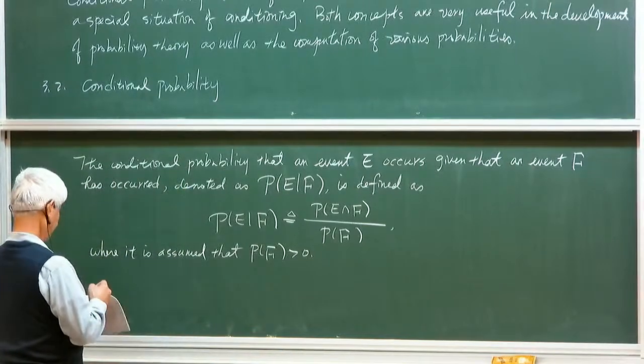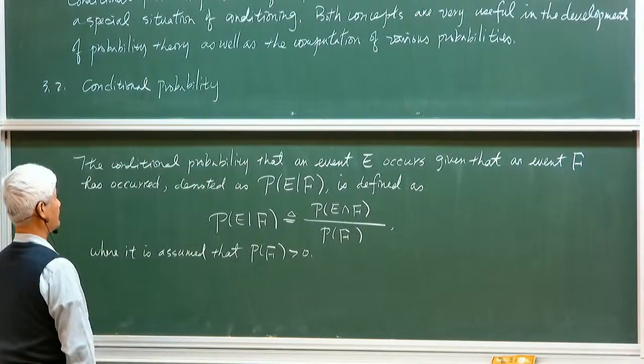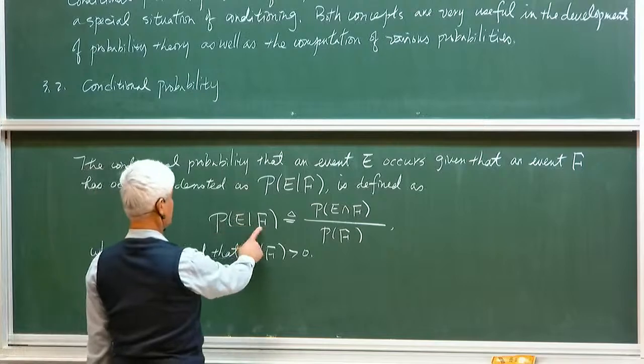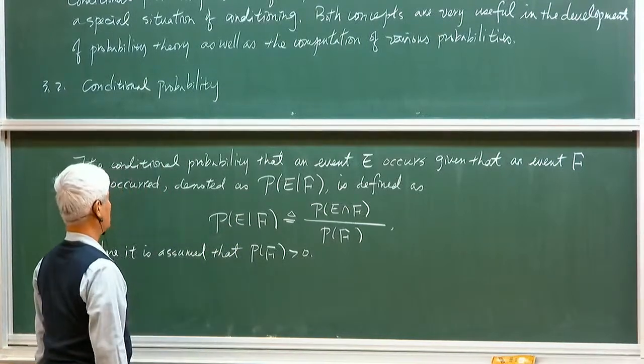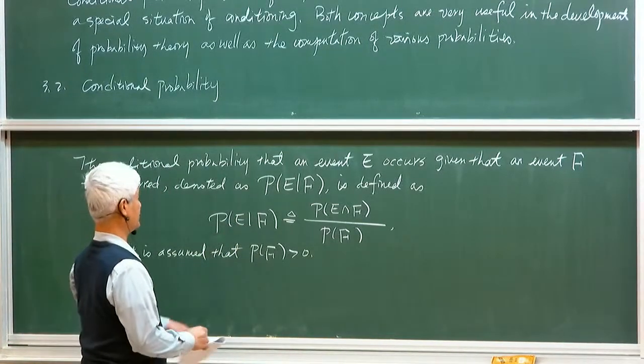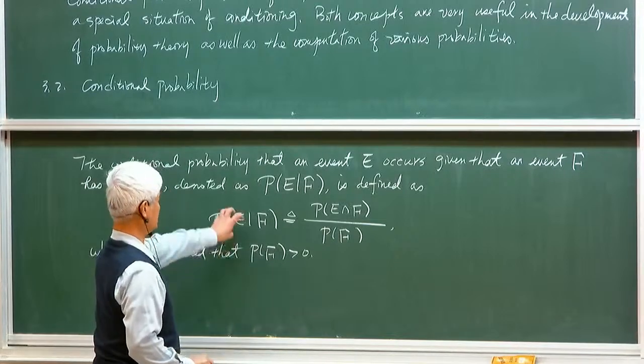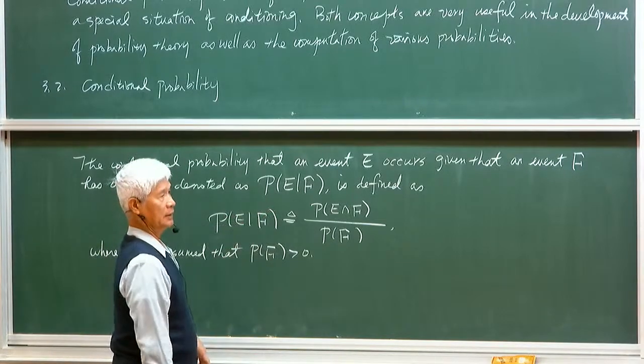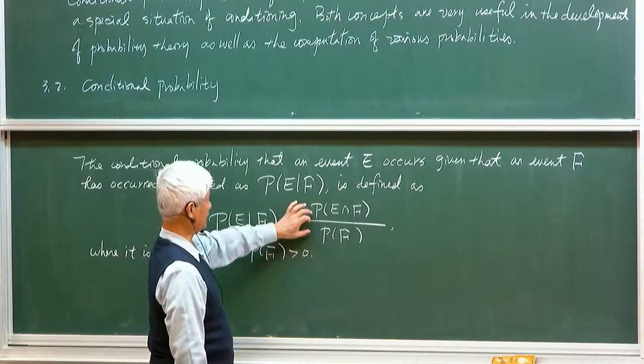So the conditional probability of an event E given event F is defined by this ratio.